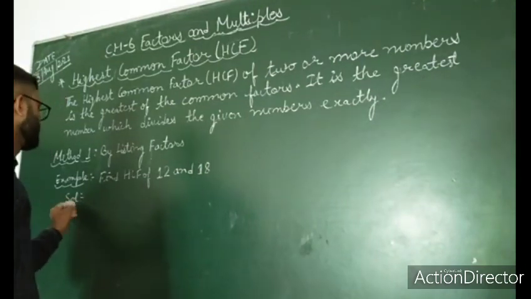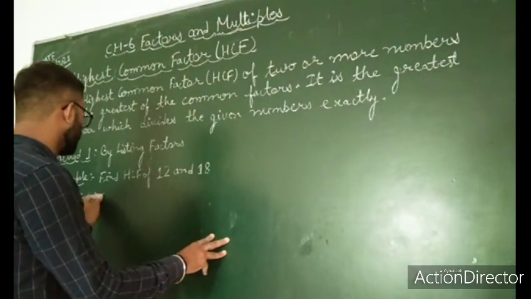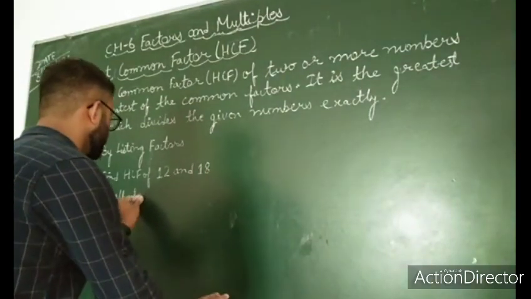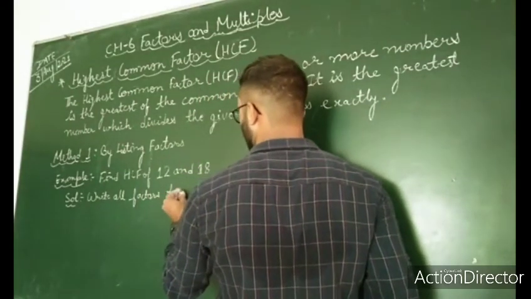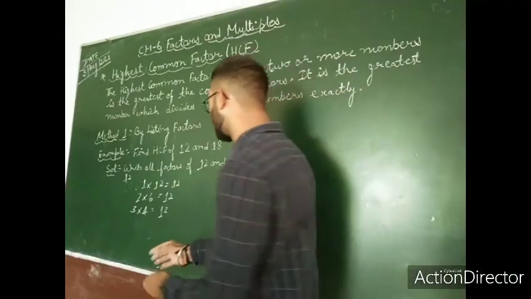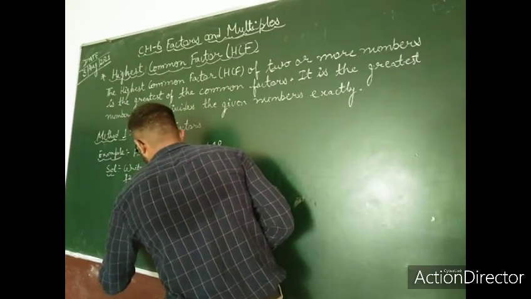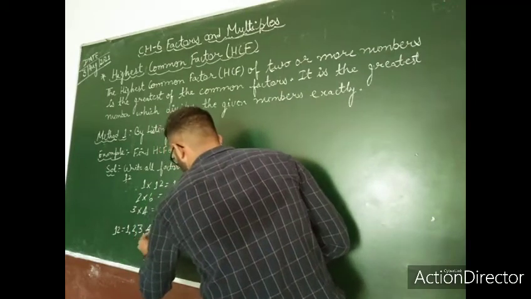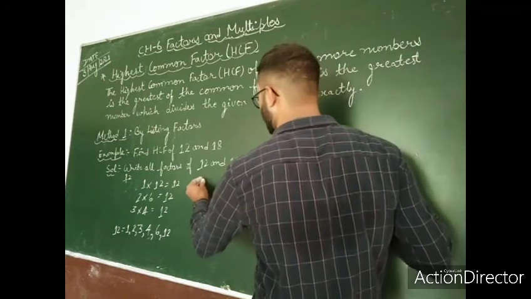First we write all the factors of the given numbers, 12 and 18. The factors of 12 are 1, 2, 3, 4, 6 and 12. Now find the factors of 18.